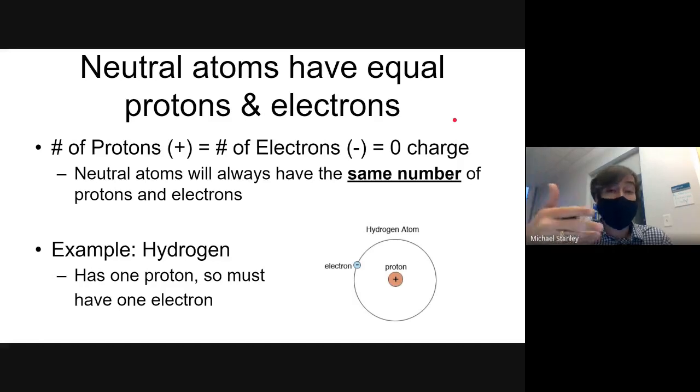The atoms that we're going to be dealing with in this class are called neutral atoms. And that means that they have equal protons and electrons. So in neutral atoms, the number of protons is the same as the number of electrons.